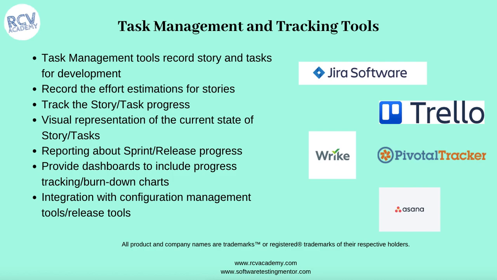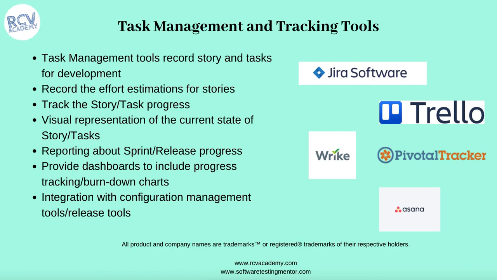It will also provide you the functionality to plan the sprint and report progress. So you have burn down charts available which you can utilize to see the progress of the sprint or release. These tools also provide the dashboard to include progress of the iteration or release, which is the burn down chart.